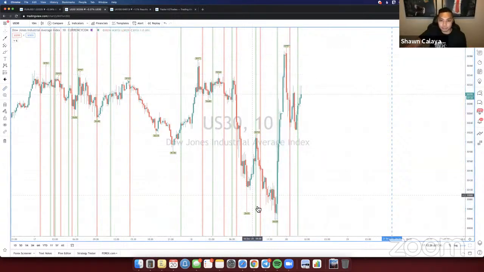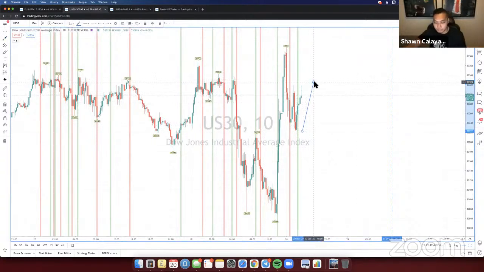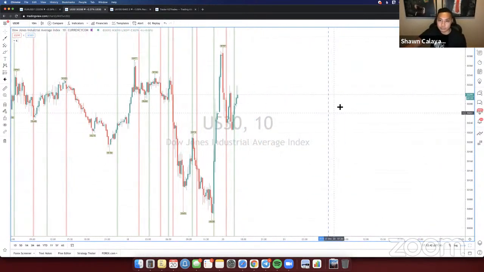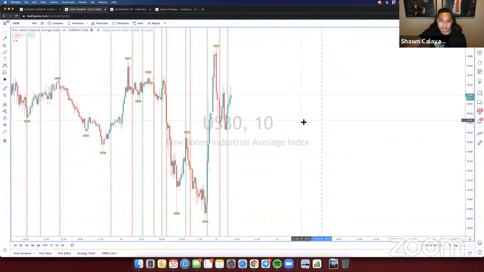So it pretty much just dropped, and then it filled that whole drop right there, and now it's pushing back down. So we're probably going to see some very unusual movement from now until market open tomorrow. So I'm probably not going to trade this or even look at it from a serious perspective until we reach market open tomorrow, because a lot can happen.